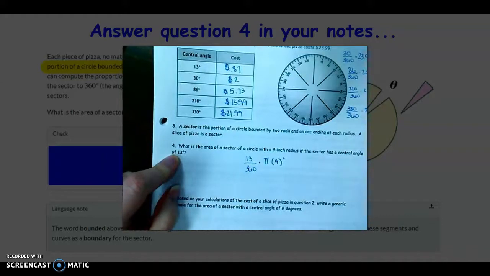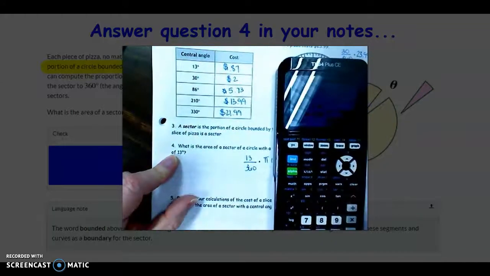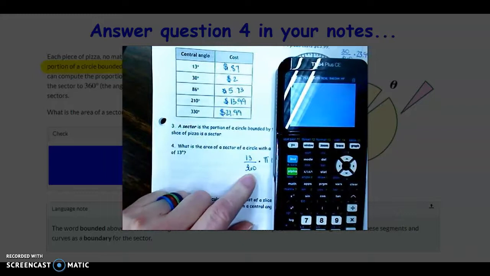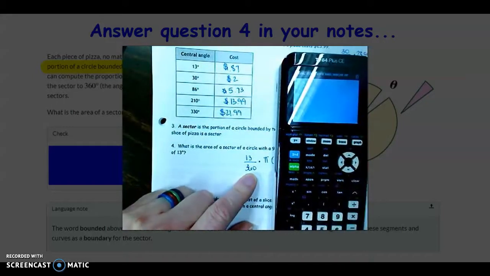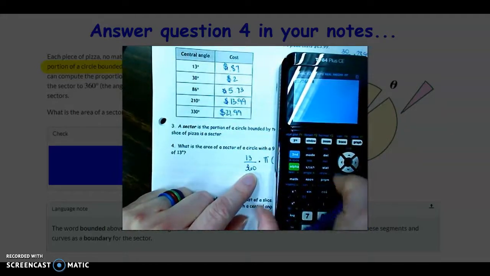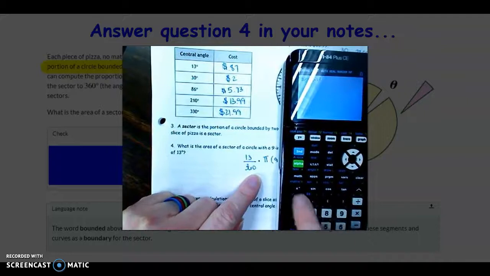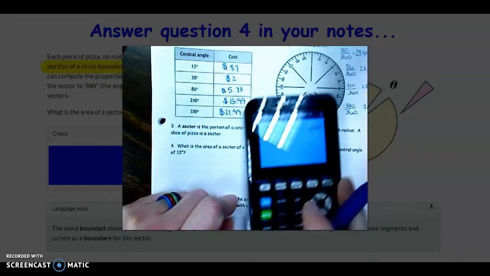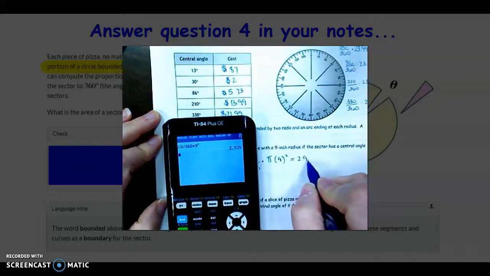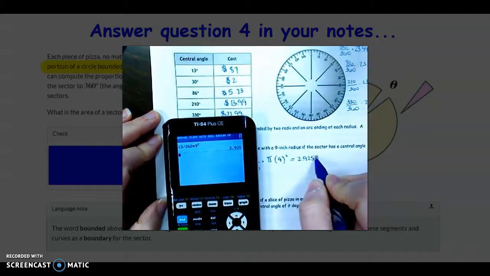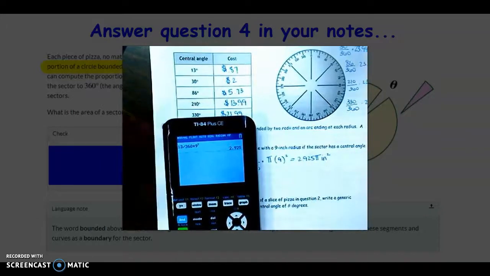Now, if you're not given rounding rules, when I go to put this in my calculator, I'm going to put the whole thing in except for the pi, because that's irrational. So 13 divided by 360 times the 9 squared. So the exact area of this sector is 2.925 pi square inches.